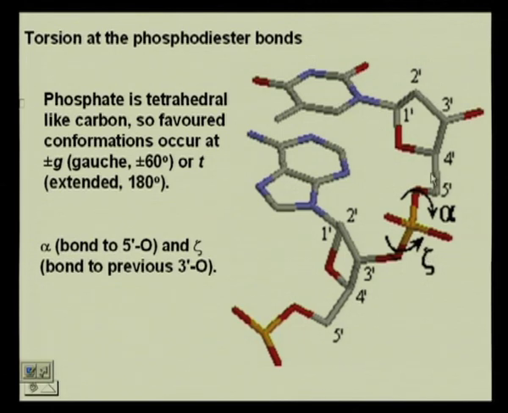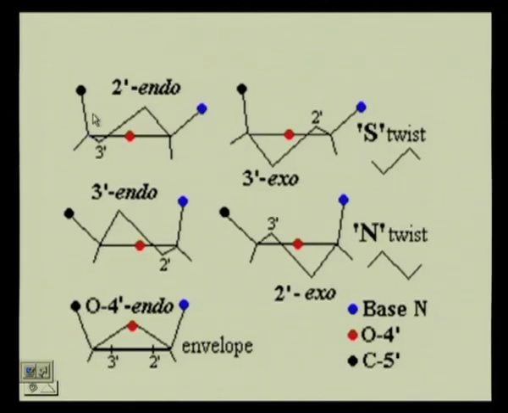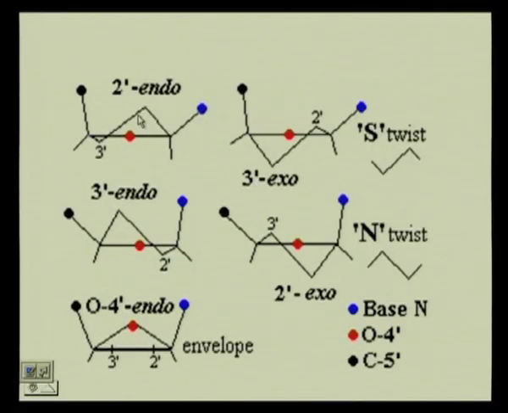Okay. Now, the reason why we are looking at this is, if we look at the previous slide, what happened there is you had changes in the orientation of the bases. Why? Because of the puckering of the sugar. What is that doing?